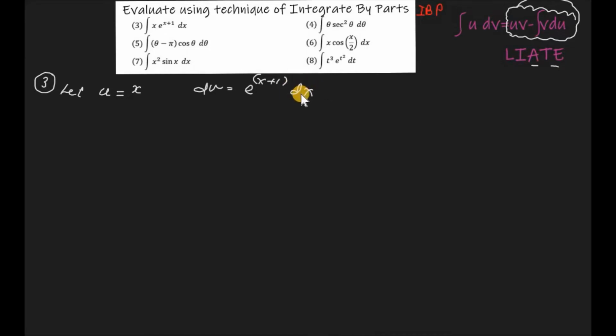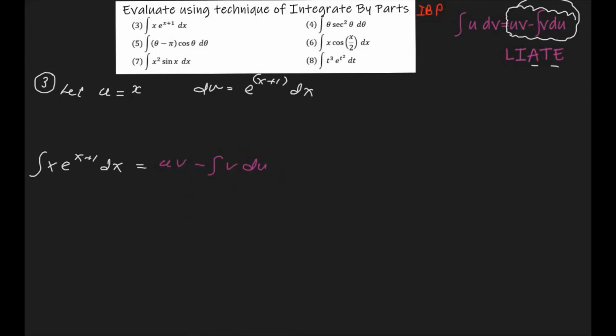So we do need to write the dx down there. So if we are to change this question now, x e power x plus 1 dx, by applying the formula of integration by parts, it will become uv minus integrate v du. So we need to replace the values of our u, v, and du.